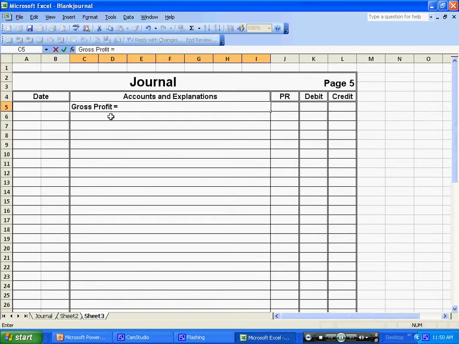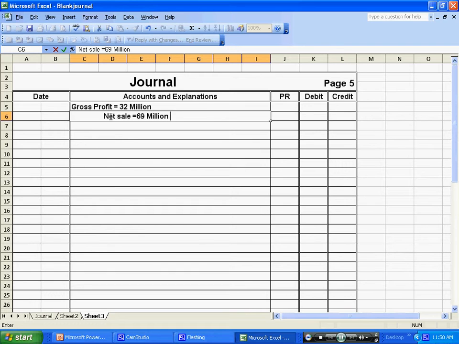Net sales of $65 million less cost of goods sold of $33 million, so the gross profit equals $32 million. $32 million divided by the $65 million is equal to 49%. So they have 49% of their sales dollars available to cover expenses and profit.